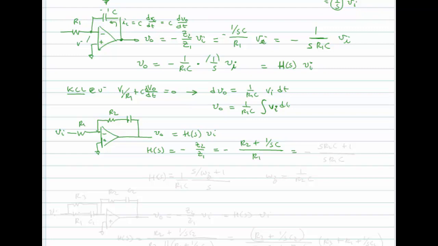And we can clean this up a bit by multiplying through by SC, so we'll have minus SR2C plus 1 over SR1C. Okay, and we can even rewrite that as S plus omega Z divided by S, the whole thing divided by R1C, where omega Z we would say is 1 over R2C.